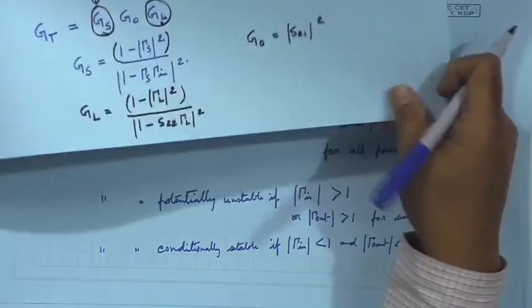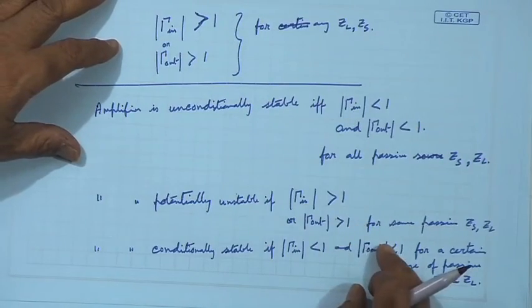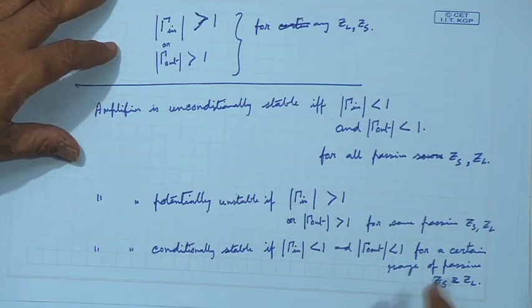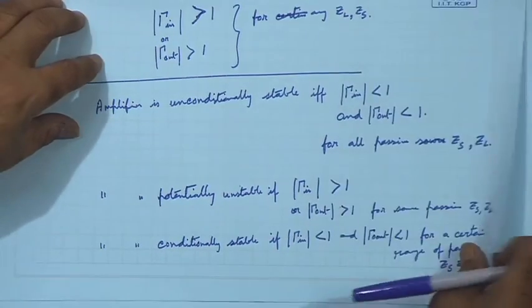But if there is a potential instability, then first I will have to determine the range of ZS and ZL that I can choose, so that the amplifier is in the stable region.